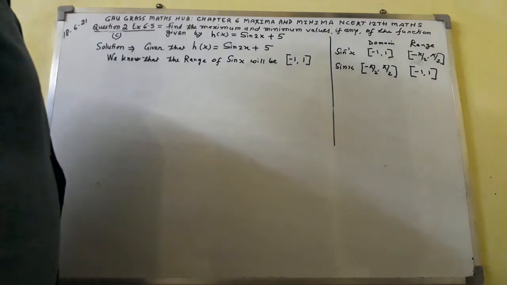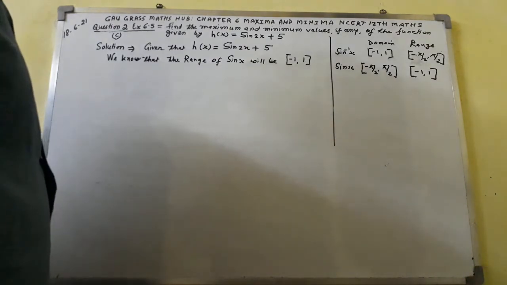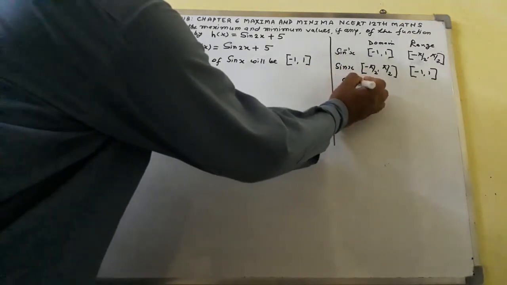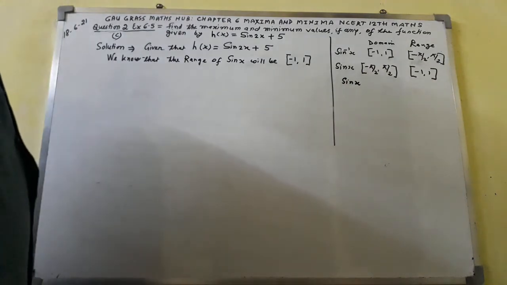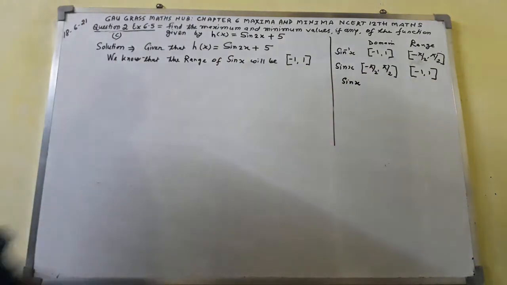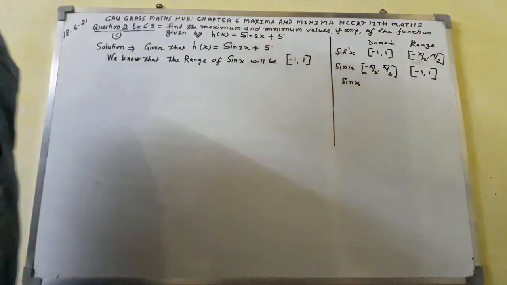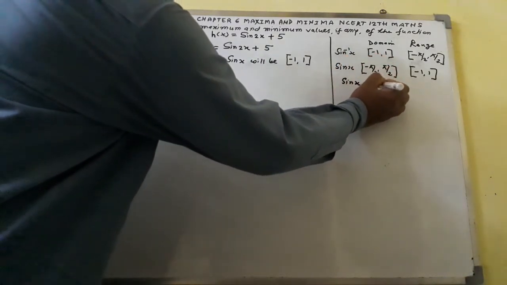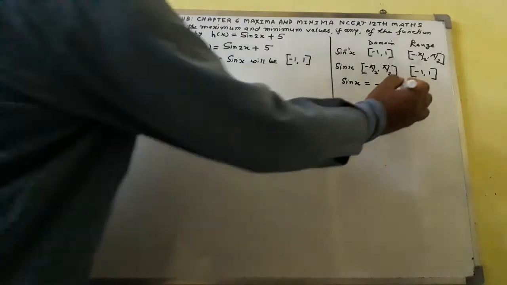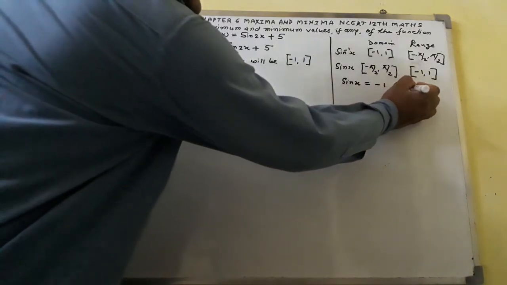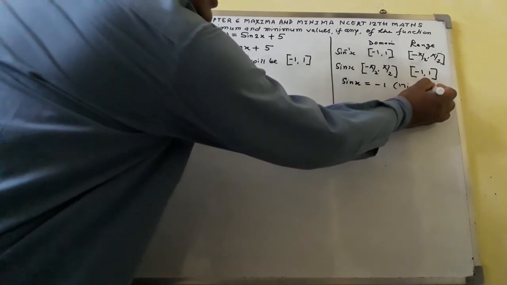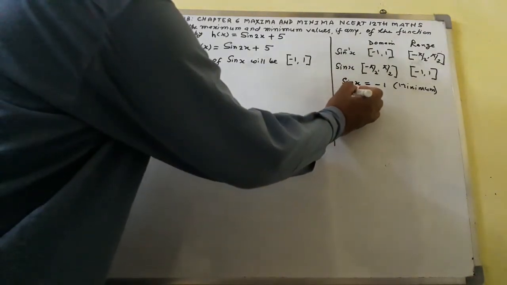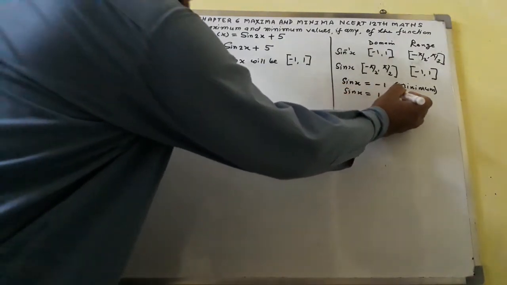Here, this one, sin x. Taking the range of sin x, we get sin x equal to -1, that will be the minimum, and sin x equal to 1, that is the maximum.